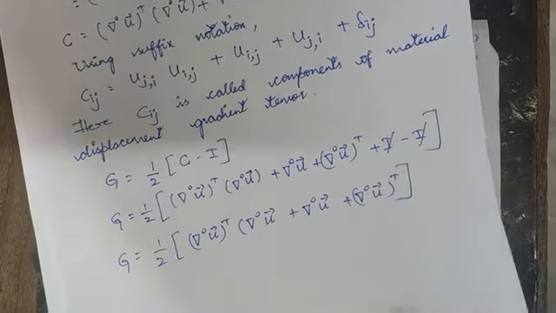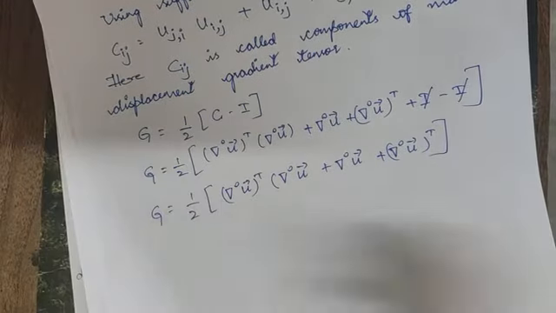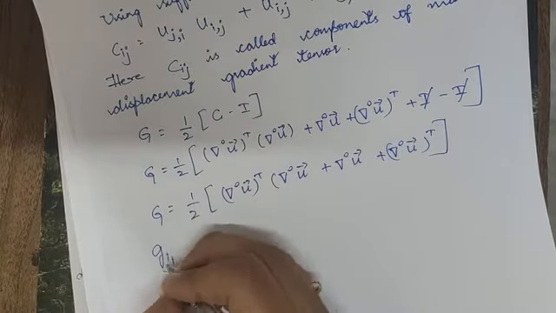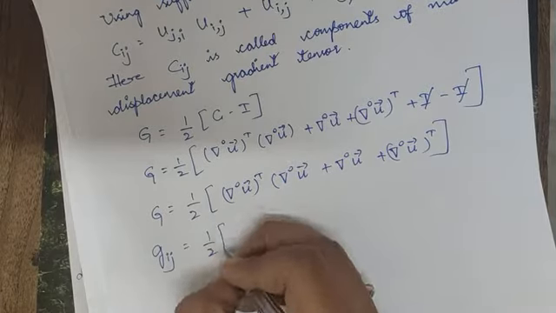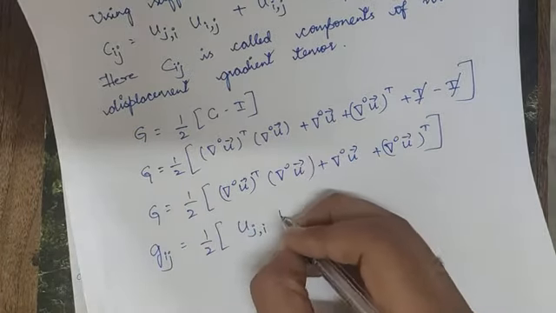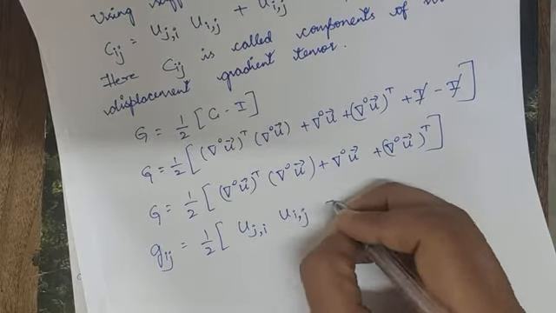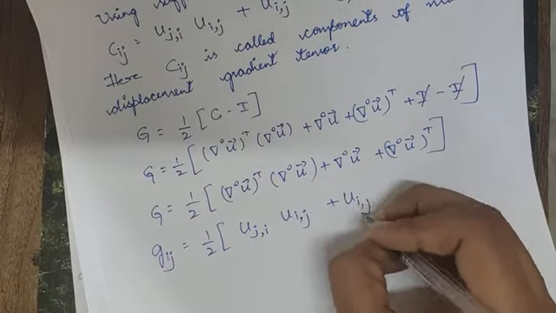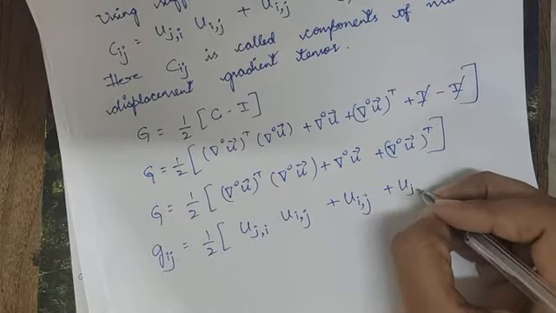Now write this in suffix notation. What you will get? G ij is equal to half into u j comma i into u i comma j plus u i comma j plus u j comma i.